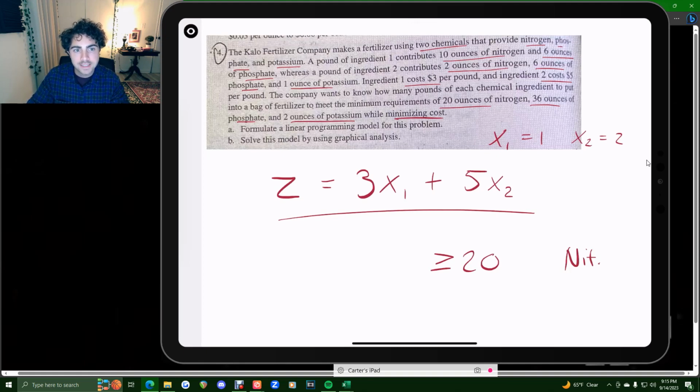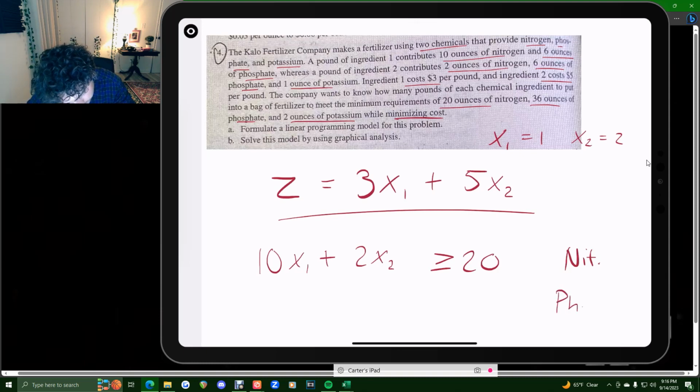Ingredient 1 has 10 ounces of nitrogen, and ingredient 2 has 2 ounces of nitrogen, so 2x2. So 10x1 plus 2x2 is the total ounces of nitrogen, greater than or equal to 20. Okay, we're good. So that's nitrogen.